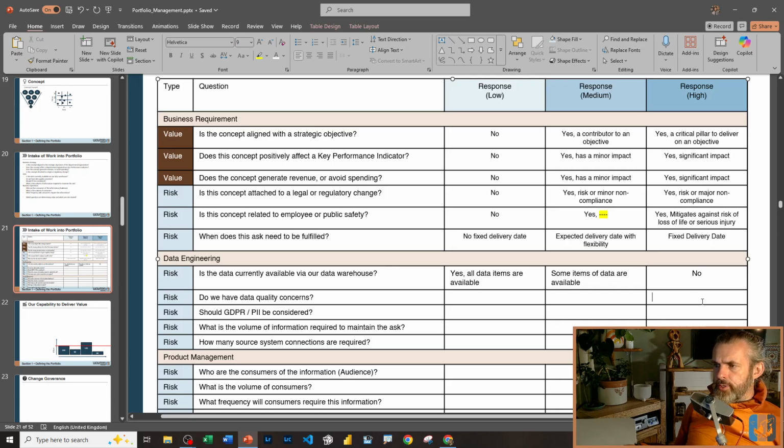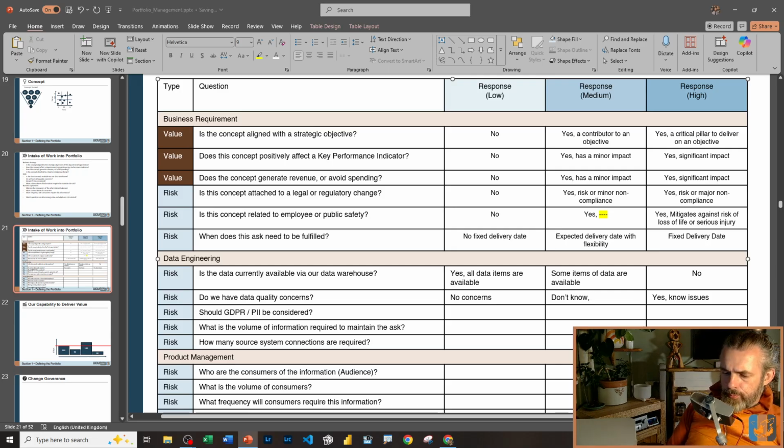Do we have any data quality concerns? Yes. Known issues in the high risk pot. No concerns in the low pot. And then I suppose we don't know is the kind of medium response there.